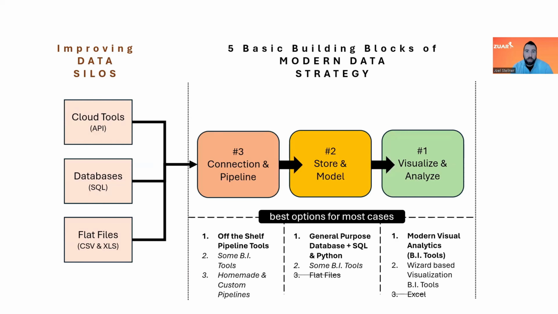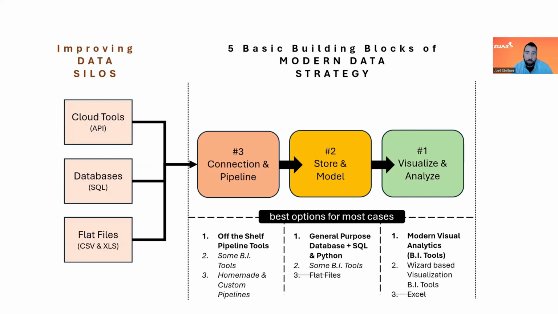Number 2 and 3 really go together. For most data practices to really take off, they need a general purpose data storage layer where data can also be modeled for analytics. And to build that, you need to be able to connect to the data and pipe it from the places that it exists into that storage in a format that can be used in analytics.